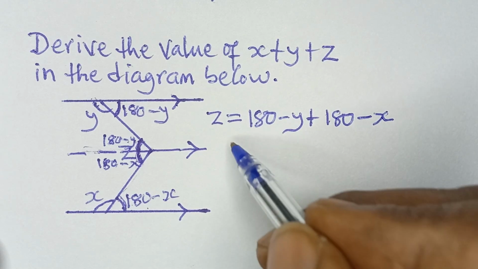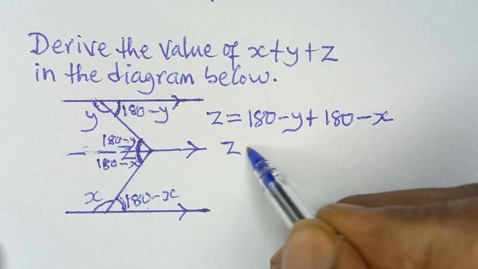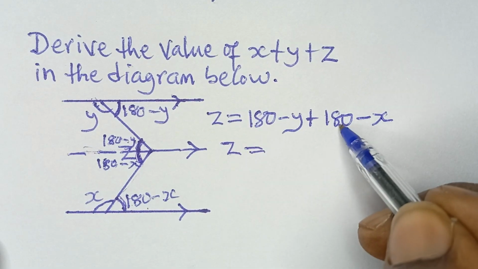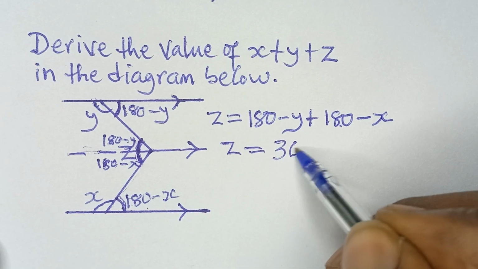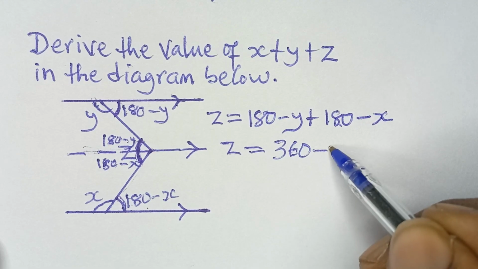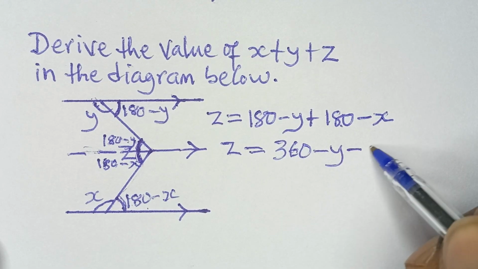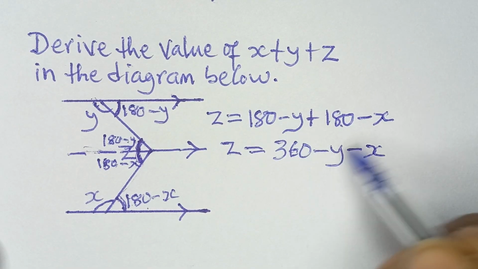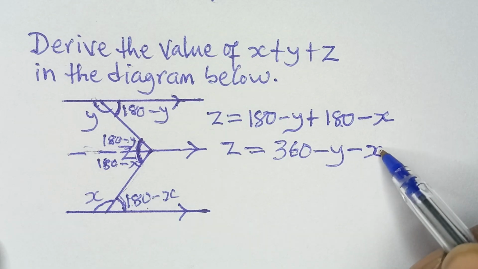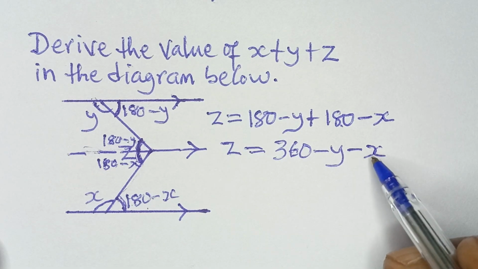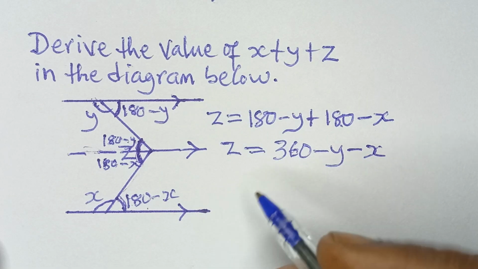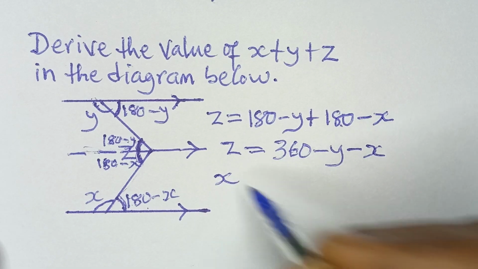So now let's simplify this. I have z is equal to 180 plus 180, which gives us 360, then minus y and minus x. If I carry this negative x to this side of the equation, it becomes positive x.